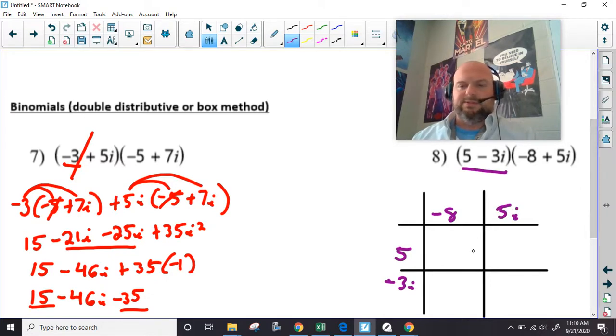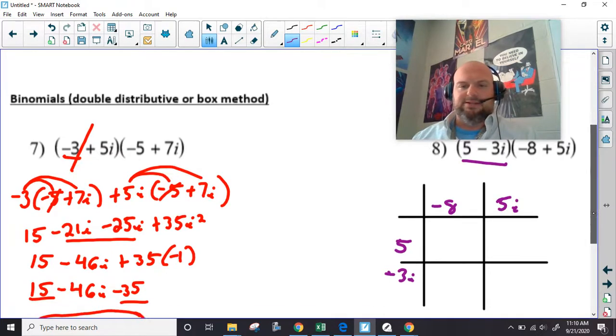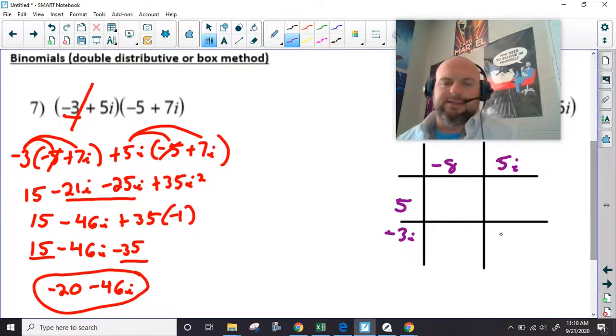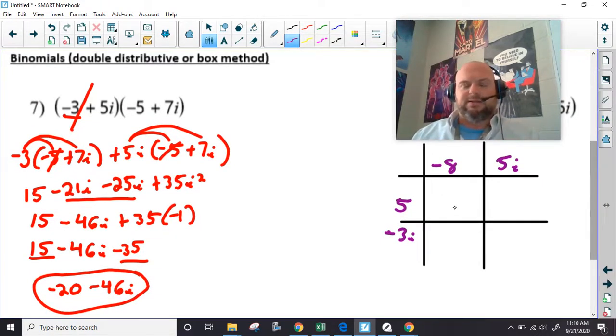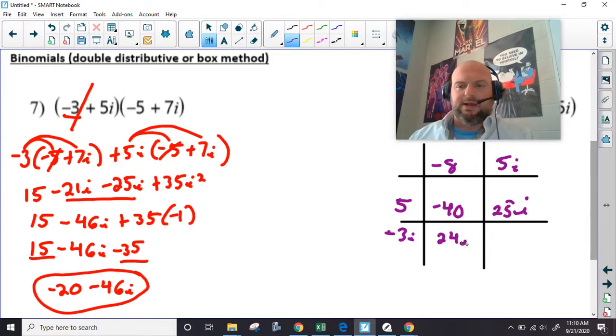So, you set it up and you multiply right here. You're going to get the same thing. A lot of people like the box method because you can see it, you can handle it better. So we have negative 40. This is 25i. This is 24i, and these are positive. I'll put that down. And this is negative times positive, so this is a negative 15i squared.